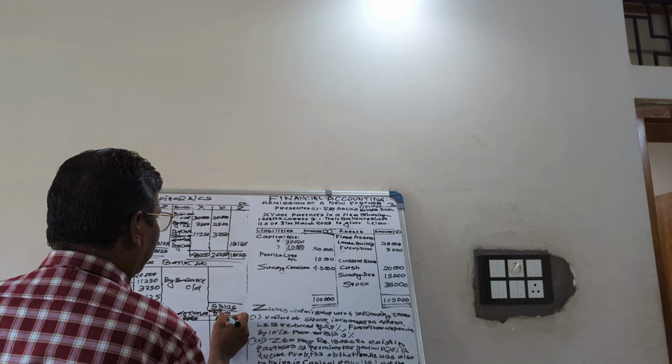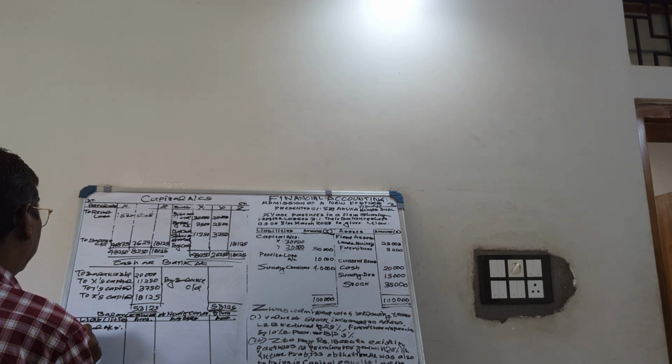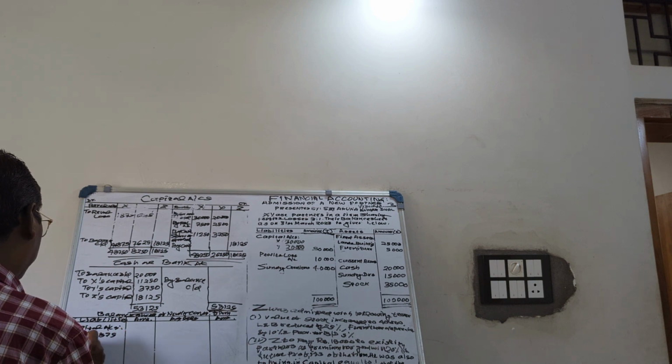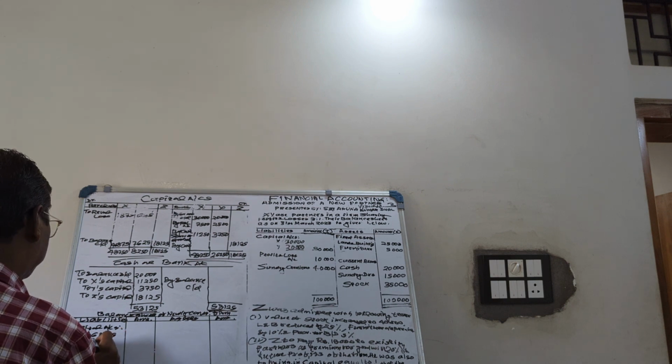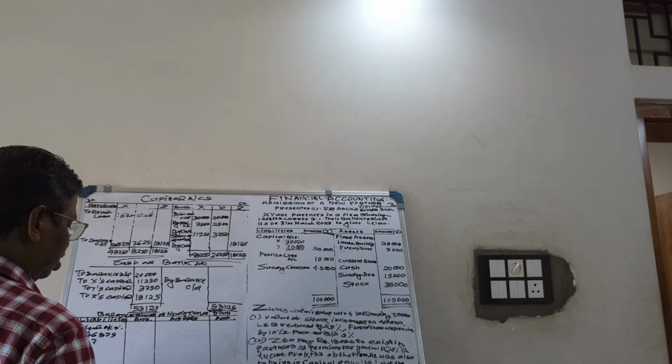Then on the liability side, one is capital, so we write capital accounts, that is X, Y, Z. X capital was 46,875, Y's capital was wrong.